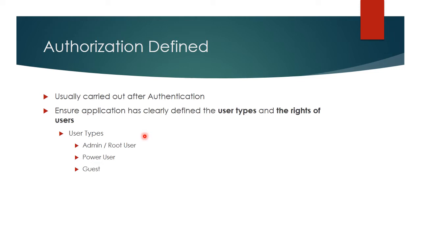But typically, we can think of administrators or root users, which can do everything, no restriction at all. Then you have some restriction, such as the power user and the normal users, who have restrictions to different degrees, and you probably have the so-called anonymous or guest user, which most of the time has very little privileges or very little rights.